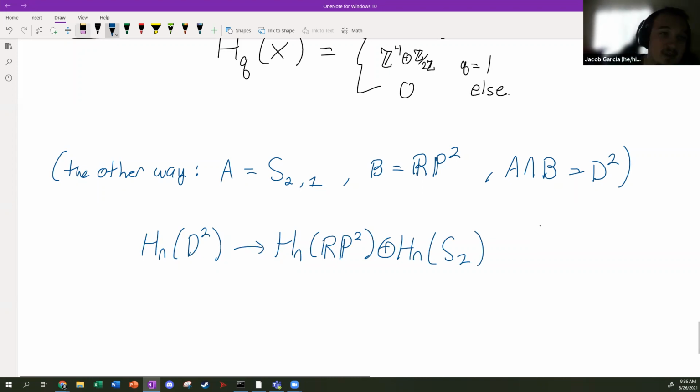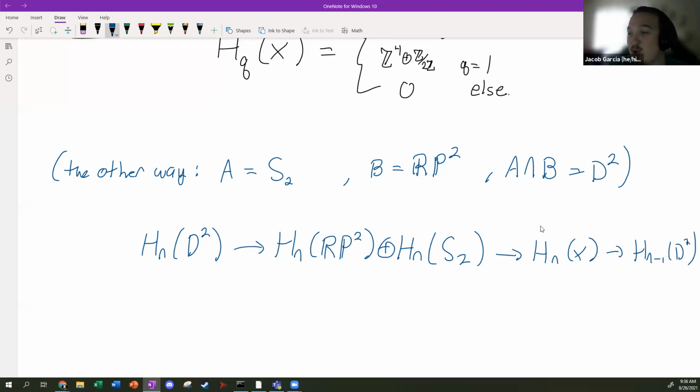And okay, actually, because of the overlap, when you do A, you have to do A and sum of the other space. So you can choose the other space to be the union with the entire disk. So you don't actually need to know the second puncture. Anyway, and then this goes into Hn of X, which goes into Hn minus 1 of the disk. And the homology for the disk is 0 except for n equals 0. And so you just get that these are isomorphisms.